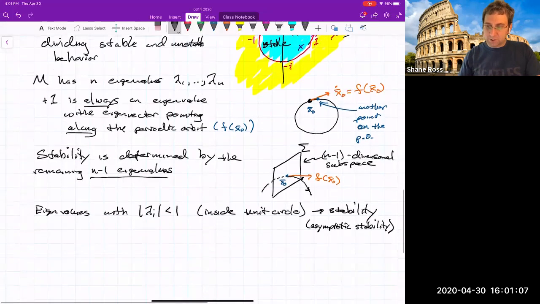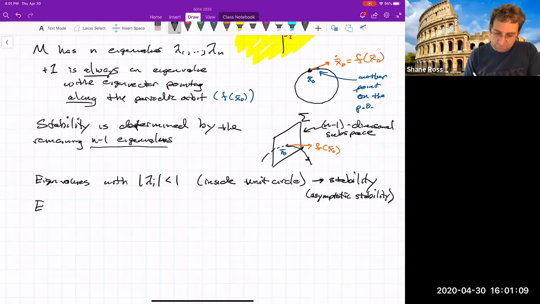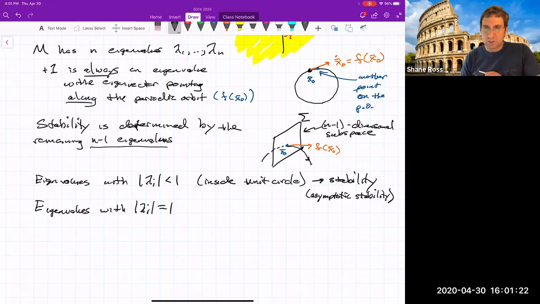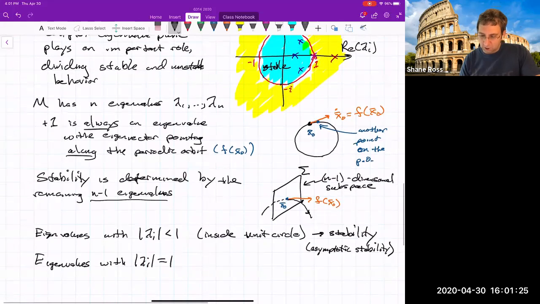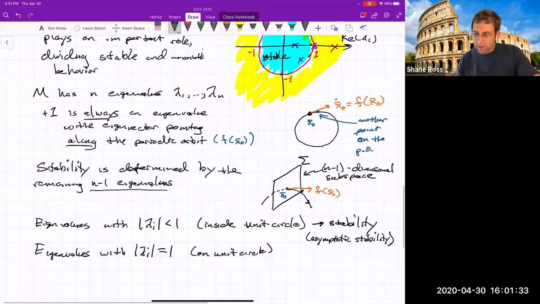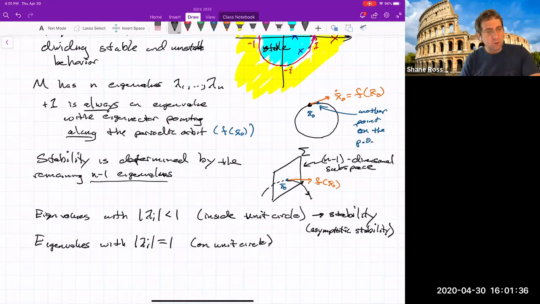If you have eigenvalues that are exactly on the unit circle, so if the modulus equals 1, we could call the corresponding eigenvectors neutrally stable directions.